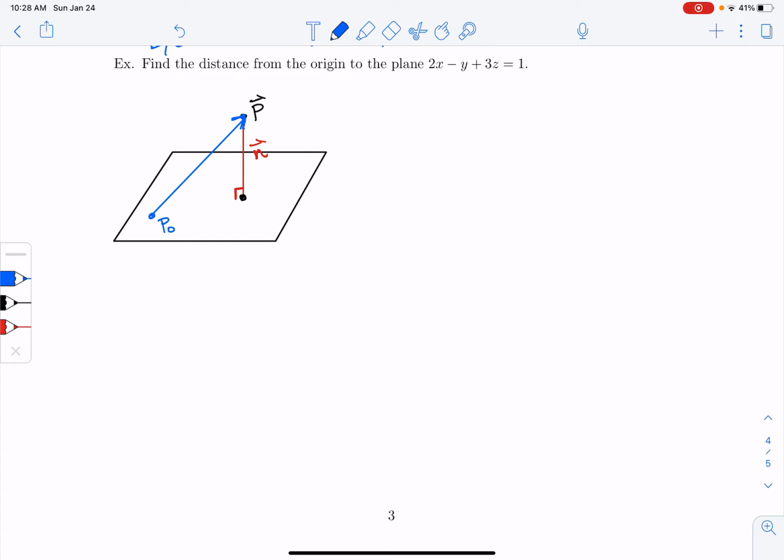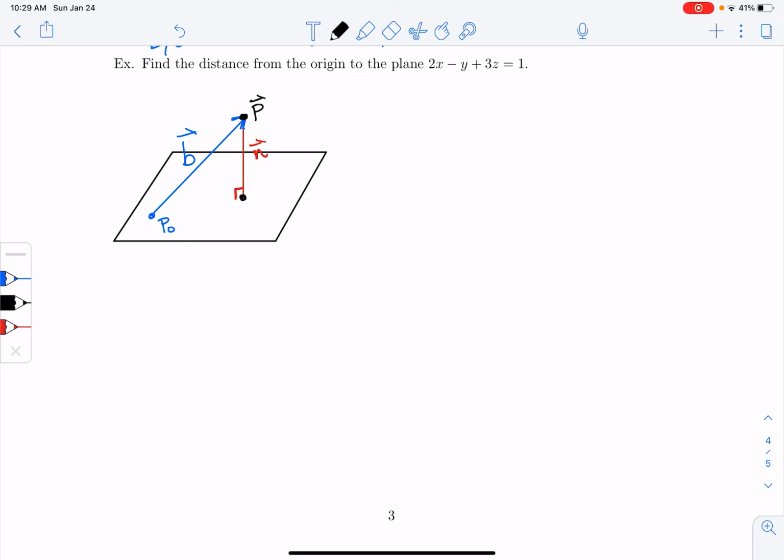So I'm going to call this vector from P0 to P, I'm going to call it B. And the projection of B in the n direction is going to be the distance from the point P to the plane.